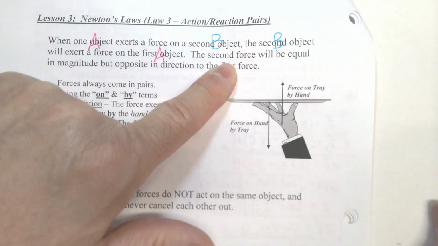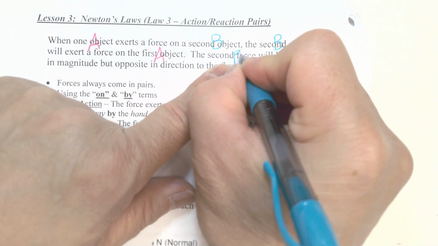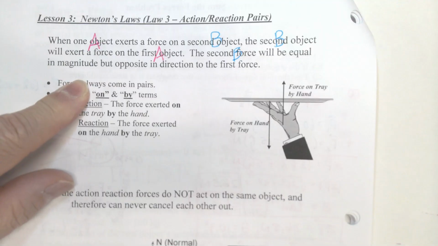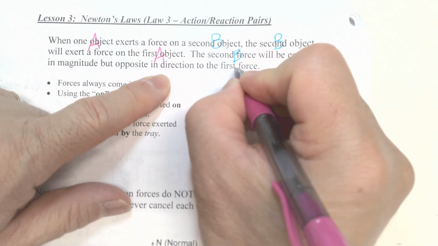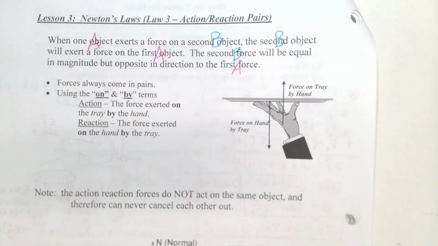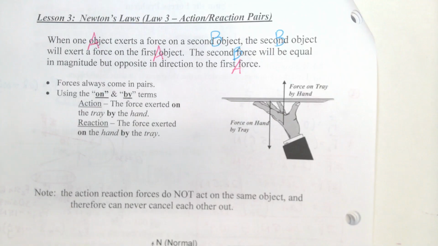The second force will be equal in magnitude but opposite in direction as the first force. So you really have to understand that forces come in pairs. And using on and by terms, you can determine which one is action and which one's reaction. Picking which one's action is arbitrary. If you pick one to be action, then the other one has to be reaction.